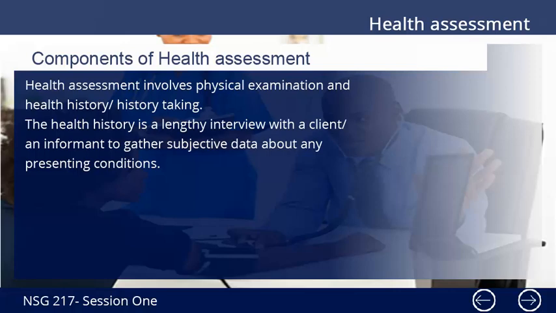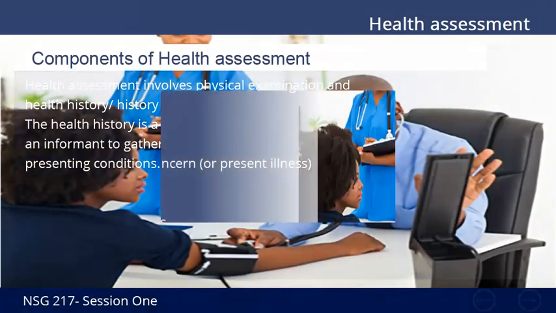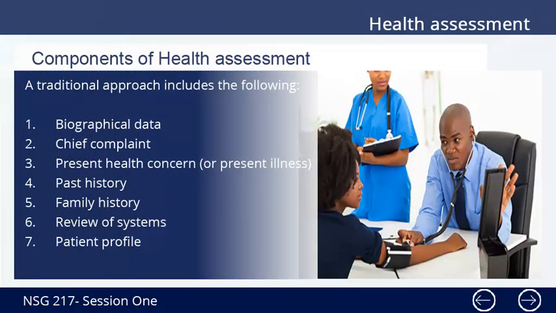When the client or patient is seen for the first time by a member of the healthcare team, the first requirement is a database, except in emergency situations. The sequence and format of obtaining data about the patient vary, but the content, regardless of format, usually addresses the same general topics. A traditional approach includes the following.